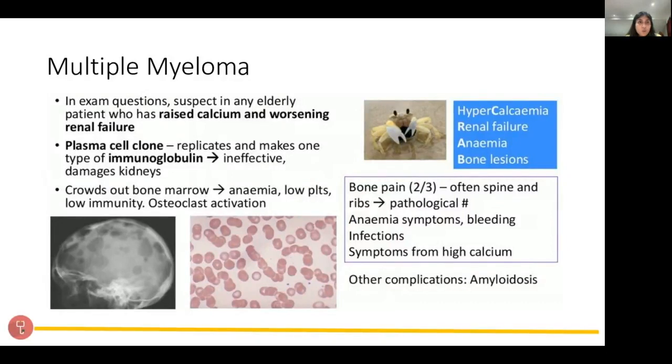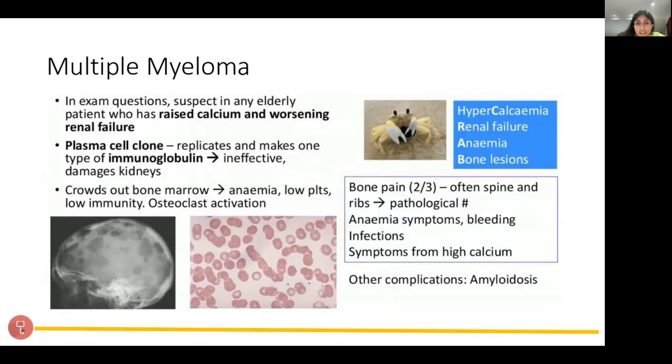And also sometimes, as you can see on this red blood cell film, you can get stacks of these cells forming, which is another worrying sign of myeloma. It's called a rouleau formation, where the red blood cells basically stack on top of each other.